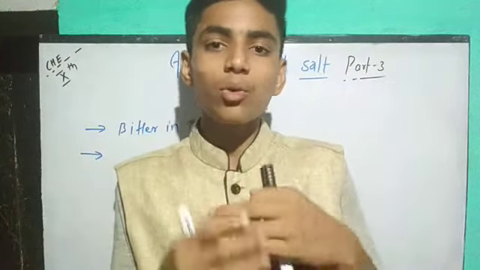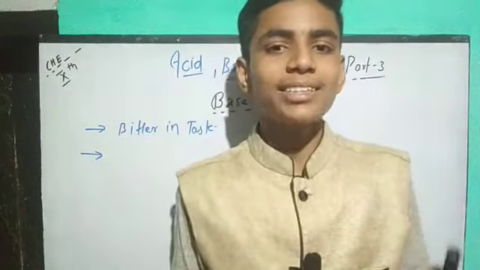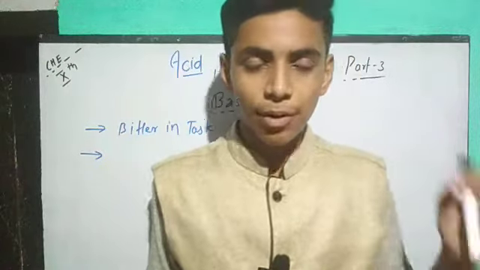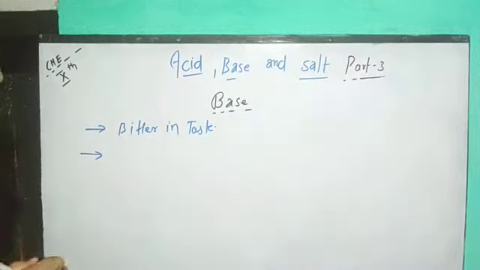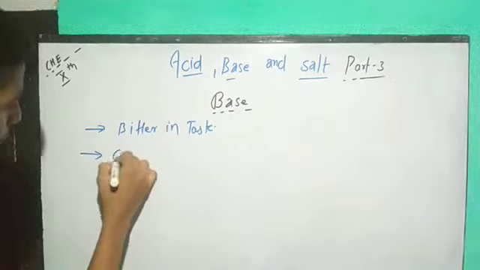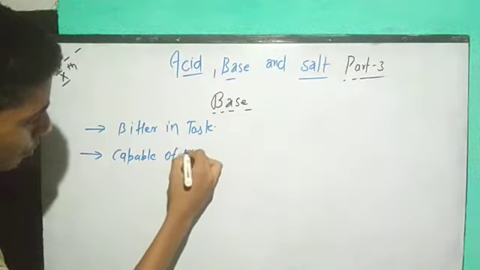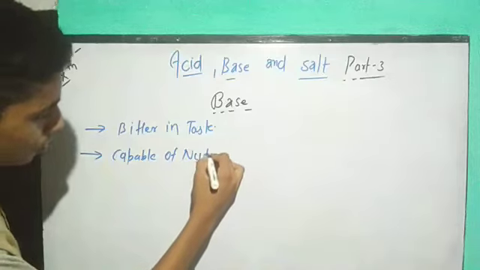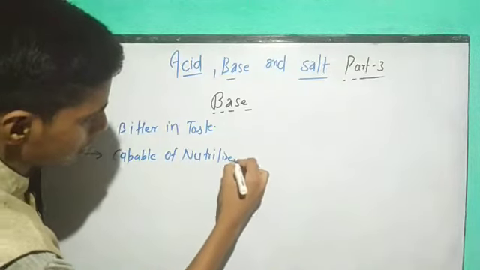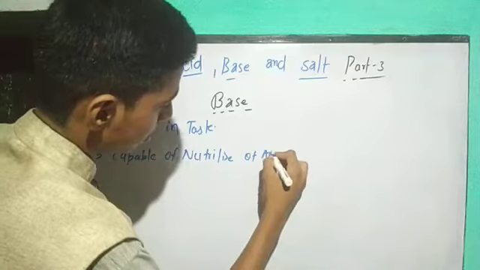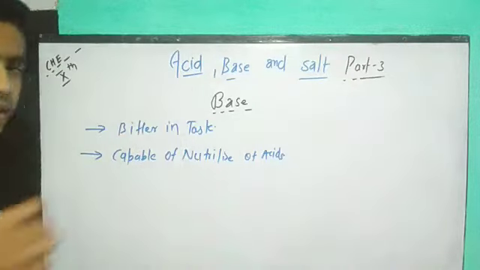During that time we use Eno in order to neutralize the acid present in our stomach. That's why it gets neutralized. Hence we can say that bases are capable of neutralizing acid. So is this much clear, guys?